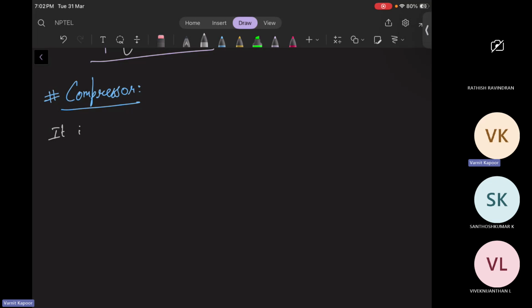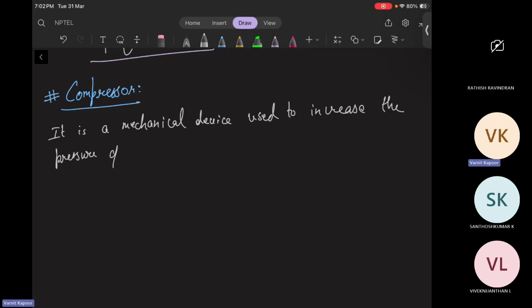It is a mechanical device used to increase the pressure of gas or vapors.